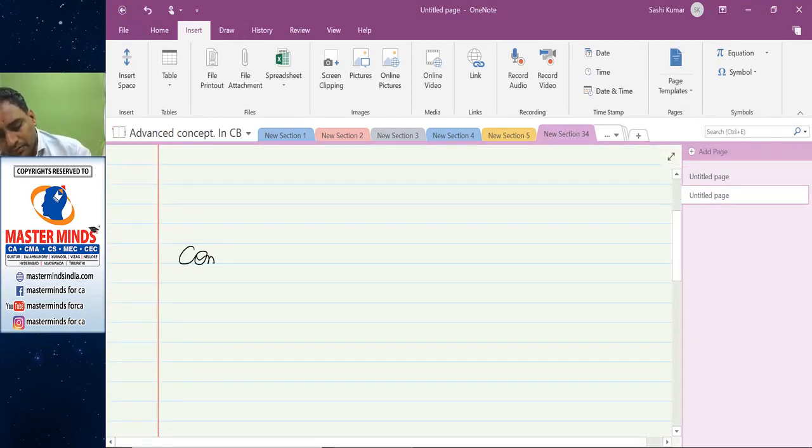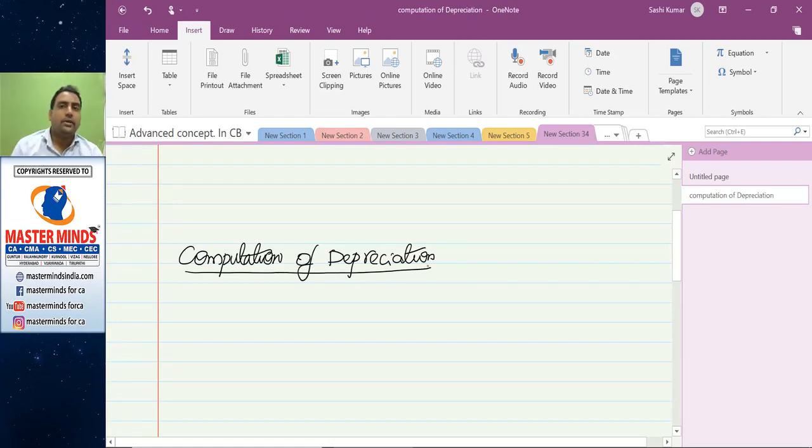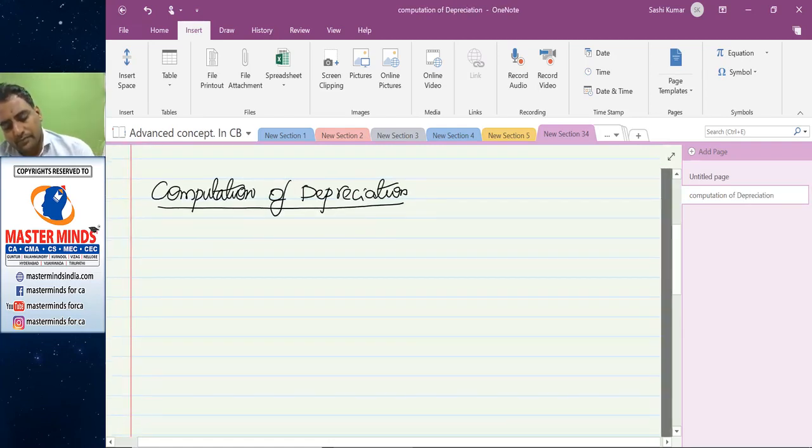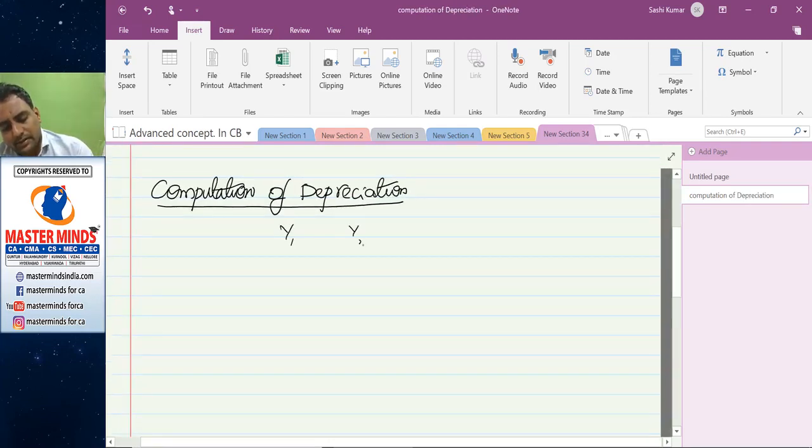So computation of depreciation. Since we are providing depreciation on WDV method, the amount of depreciation has to be worked out individually for each year.